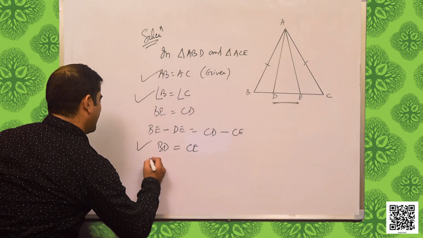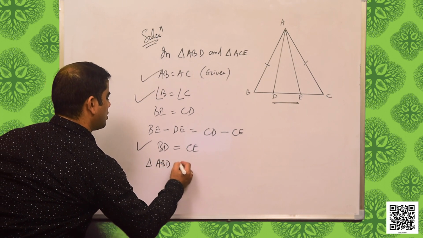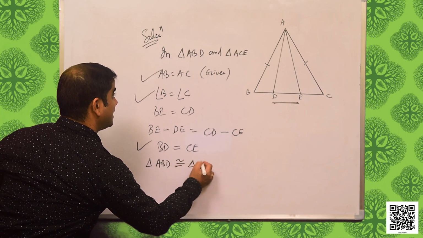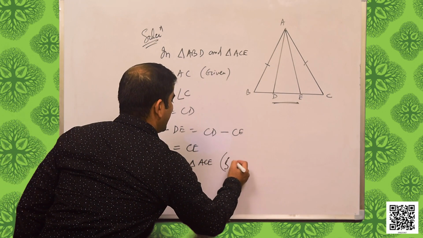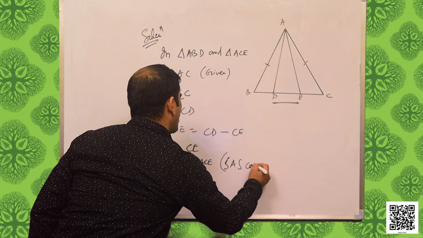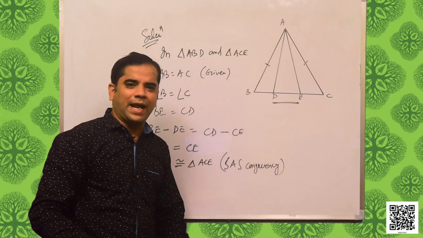Then we can write triangle ABD is congruent to triangle ACE by side angle side congruency. Okay.